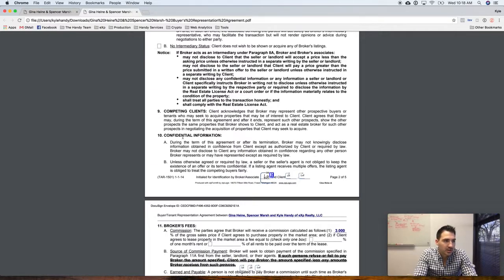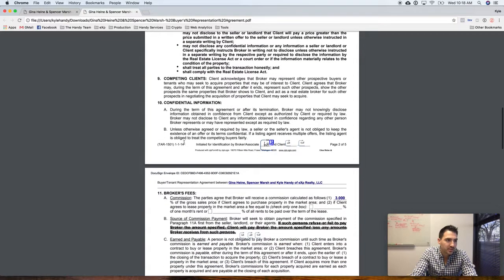That's where I share with them that by signing this agreement, they are becoming a client of ours, which means that we now have a fiduciary duty to them, which means that any confidential information we will not share with anybody else unless that client gives us the permission to do so. And so we have their best interest at heart, and we're going to do everything possible to get them a fair deal and to explain everything to them, all that good stuff.